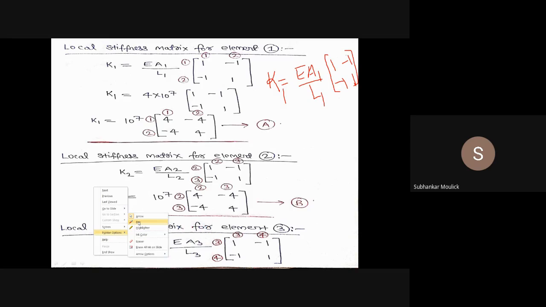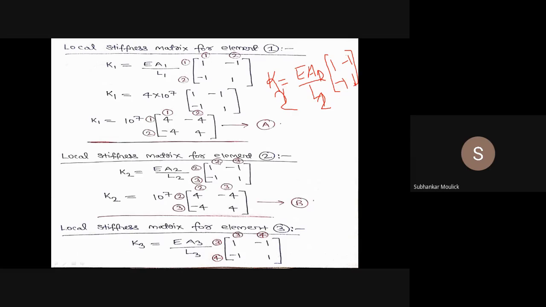what is the value of the element stiffness matrix for element number 2. I know that for element number 2 this will become K2, this will become area A2, this will become L2. What will be the size of the matrix? The size of the matrix depends upon the number of nodes present in that element.